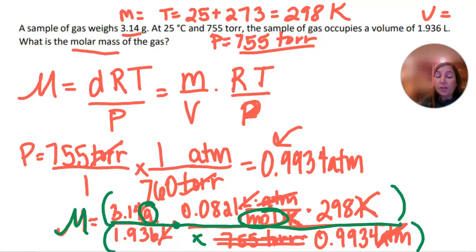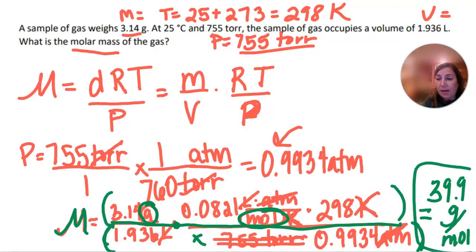So 3.14 times 0.0821 times 298, divide, make sure you do parentheses before 1.936 times 0.9934, end parentheses. Those are really important. And then when I calculate all of this, hopefully I get a final answer of 39.9 grams per mole. Wow, beautiful.